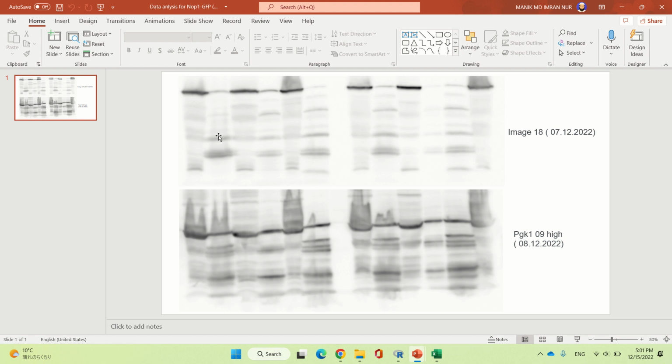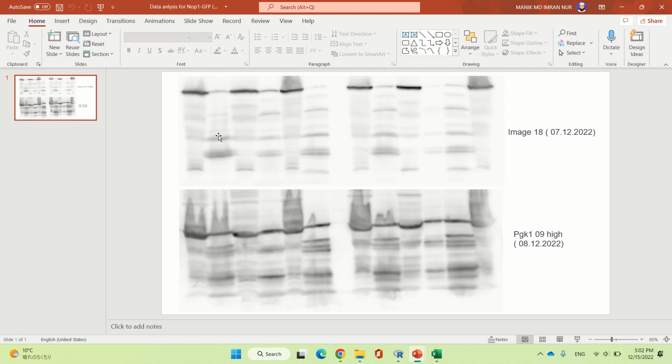So then, the normalized to this total of those bands means normalized to the expressed NOP1. Only NOP1, yes. Background is deleted.